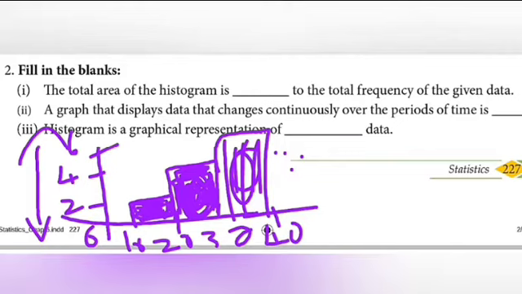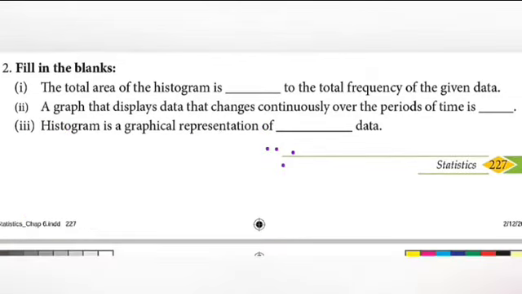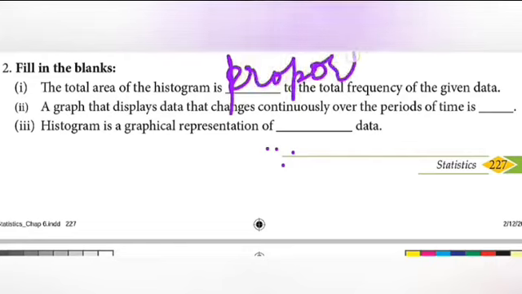Compare these two things, whether they are equal. The areas are not equal, they are proportional. This comes on the x-axis and the given number comes on the y-axis. So the total area of the histogram is proportional to the total frequency of the given data. So easily we can write proportional.